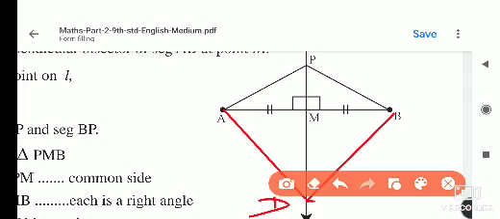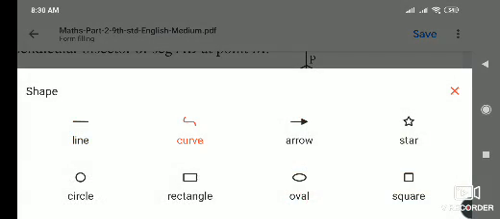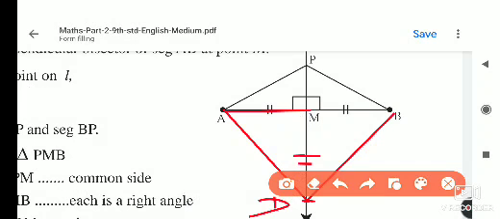Triangles AMD and BMD. Same thing, you have to show that DM is congruent to DM because it is a common side, angle AMD is congruent to angle BMD, and AM is congruent to MB because it is given.